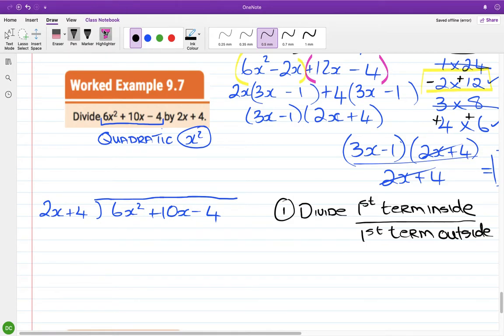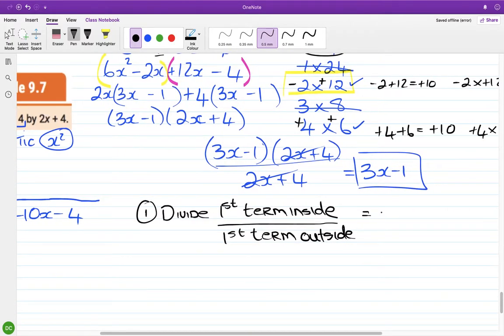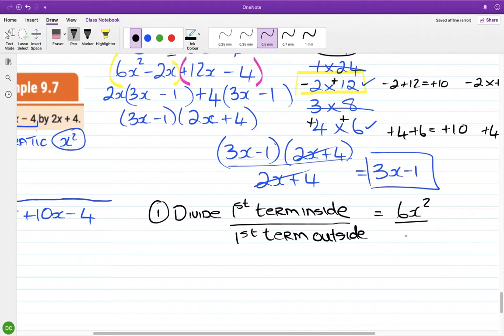Okay, so you're talking about, here's the first term inside, that's what I mean by inside, I mean under the division, and here's the first term outside. Okay, sorry, it looks like I'm leaving that out, I'm not. Okay, so 6x squared is the first term inside over 2x.